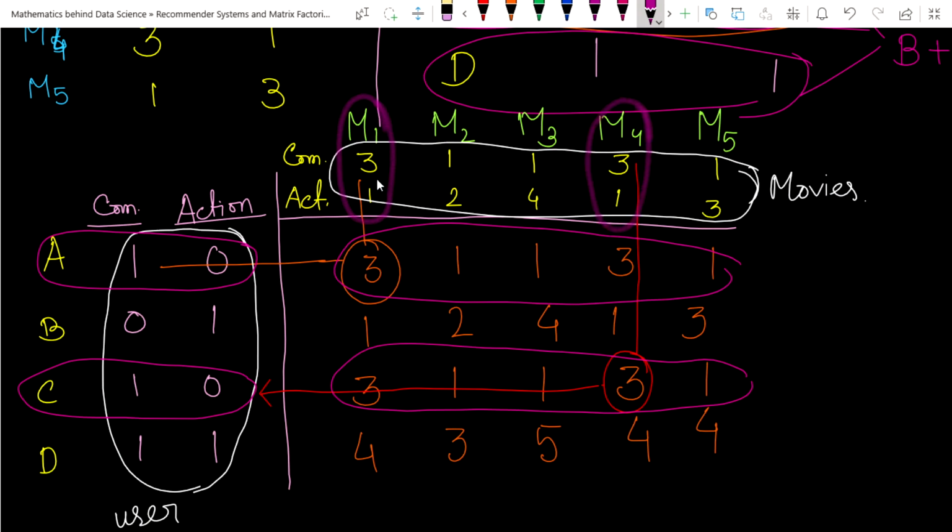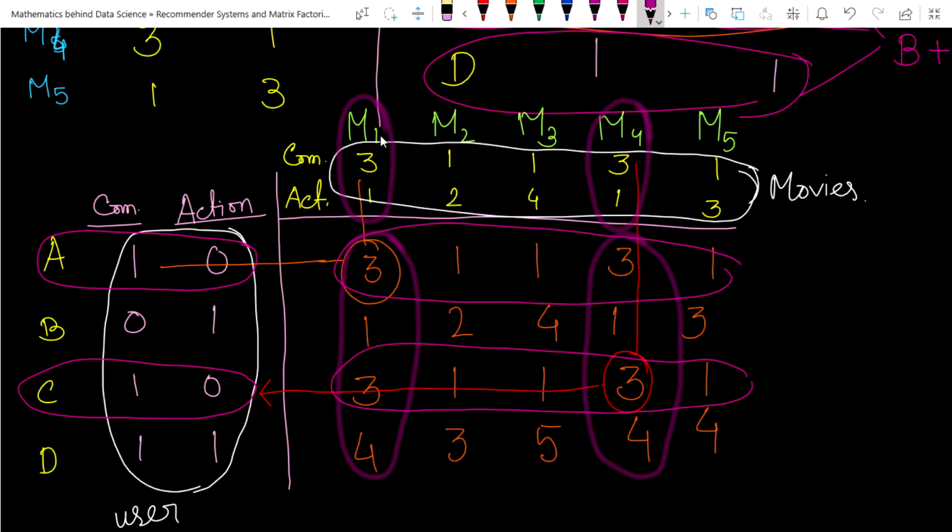Both are the same type of movie. Movie 1 got 3 stars for comedy and 1 star for action, and movie 4 also got 3 stars for comedy and 1 star for action. Now let's see what its ratings are.